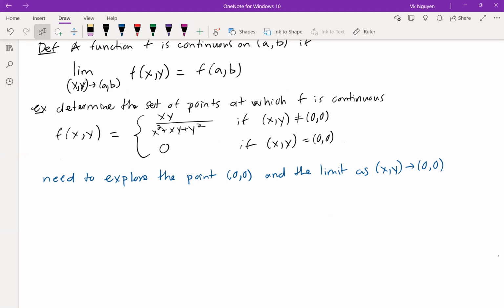Now, the limit as (x, y) goes to (0, 0) of x y over x squared plus x y plus y squared. Yeah, that's what we need to do here. Is it equal to 0? If it is, then this is going to be continuous at (0, 0).